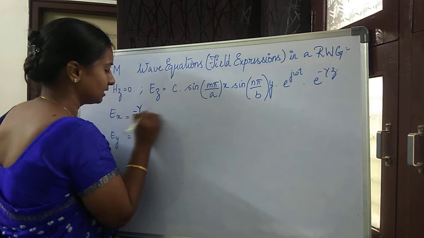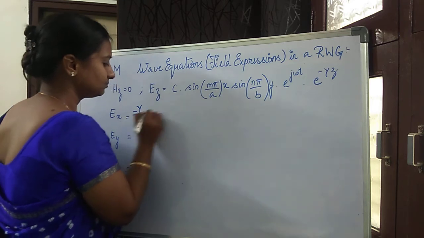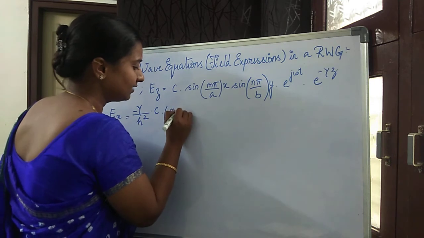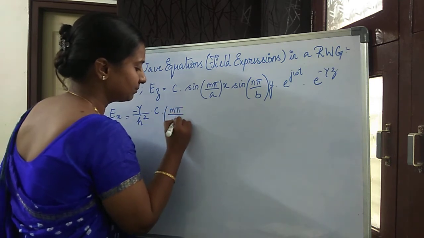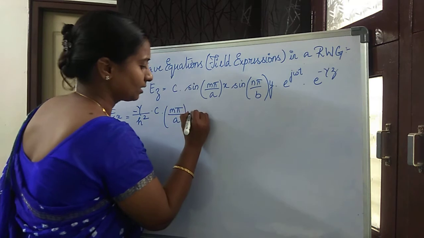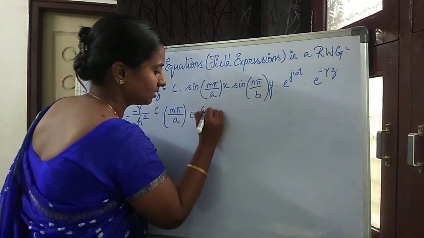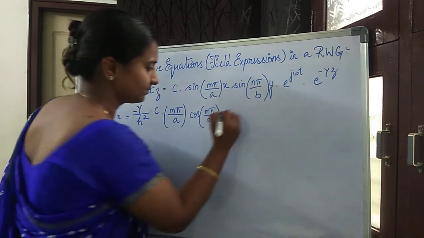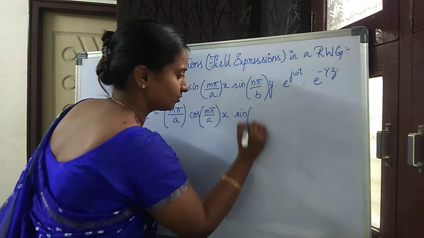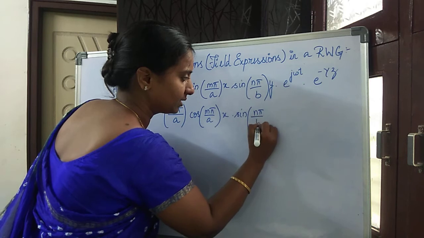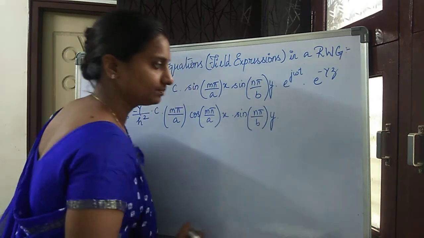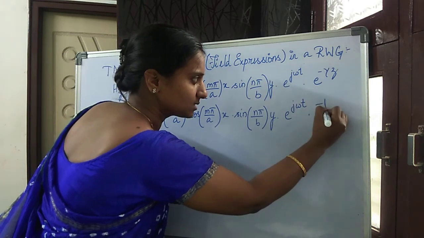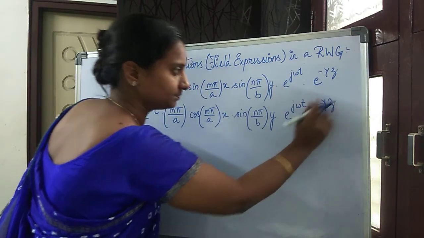minus gamma by h square, some constant term, another constant which is m pi by a, cos of m pi by a x in the x direction, sine of n pi by b y in the y direction, e power j omega t e power minus gamma z.